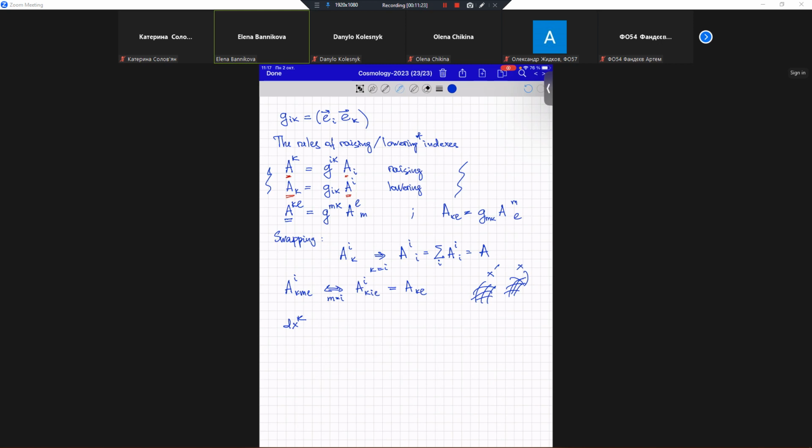In this case, I can write x^k prime. Since we have some transformation rule from one system to another, this is just mathematical analysis. So I write this as dx^k prime, but we have relationships between the coordinate axes, dx^i.